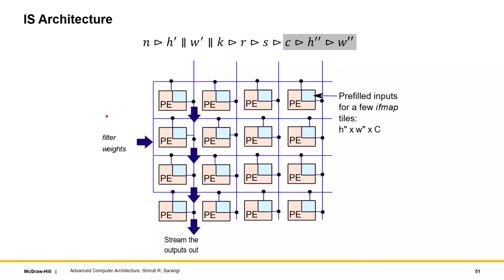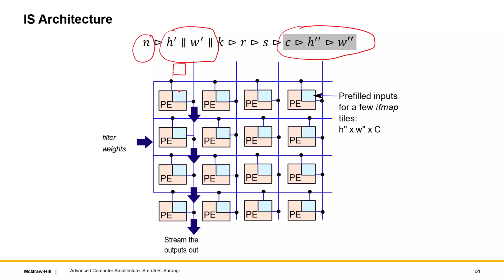If I were to look at the input stationary architecture, that would look slightly different, at least the way we have been presenting it. Again, go image wise. Look at essentially a chunk, a block of pixels, right? Then for a given output channel, what you do is that you keep the entire chunk cached for all the input channels.